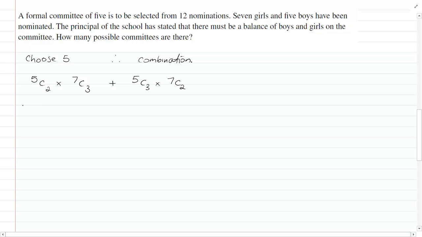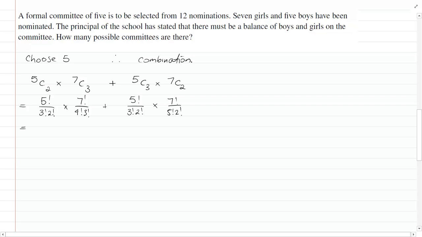And now we need to go through and calculate this. So this is 5 factorial over 3 factorial 2 factorial times 7 factorial over 4 factorial 3 factorial plus 5 factorial over 3 factorial 2 factorial times 7 factorial over 5 factorial 2 factorial.